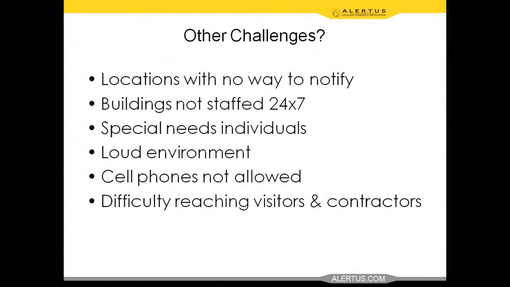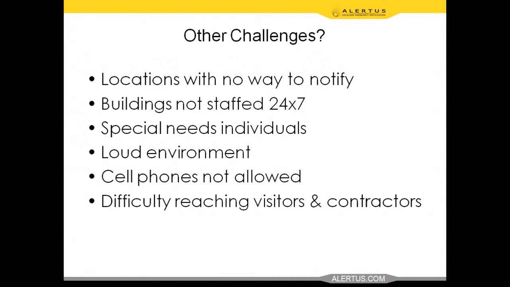Cell phones not being present or not allowed. Some of our DoD facilities, you're not able to take your cell phone into certain locations. In our classrooms, on our campuses, having your cell phone on and going off during class could severely impact your ability to achieve the grade you want.